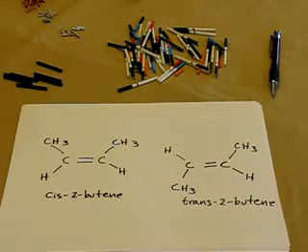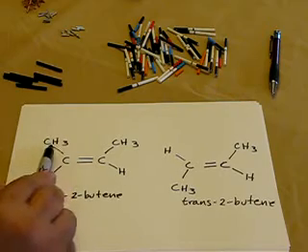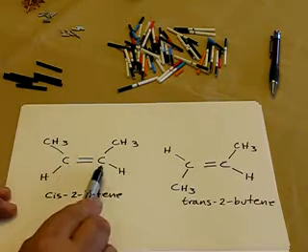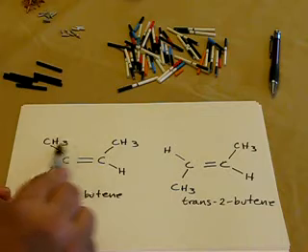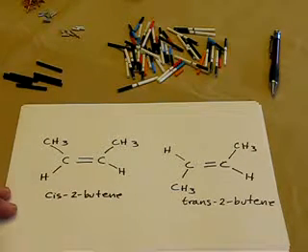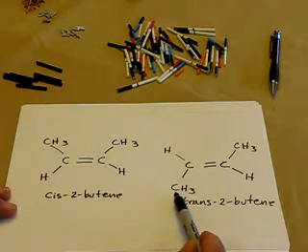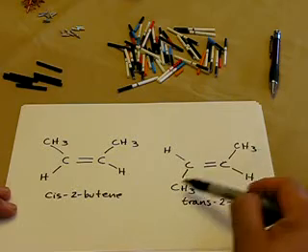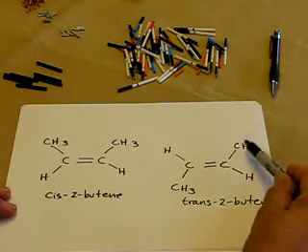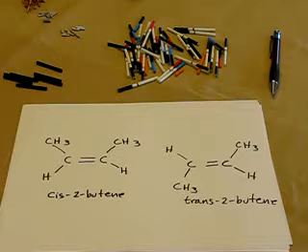In cis isomers, the substituents that come in and out of the double bond are on the same side of the double bond, whereas in the trans isomers, you can see this methyl group and this methyl group, one is coming in from the bottom and one is coming out from the top, so they are opposite each other.